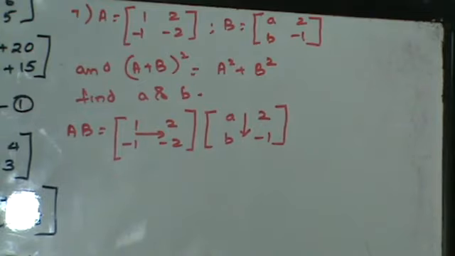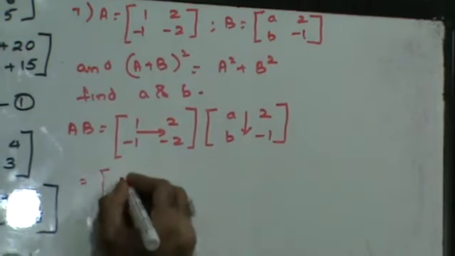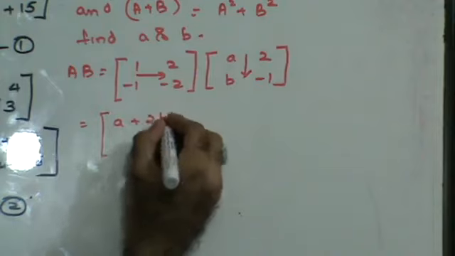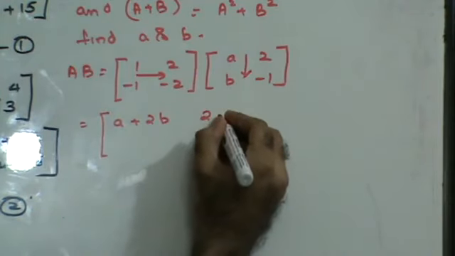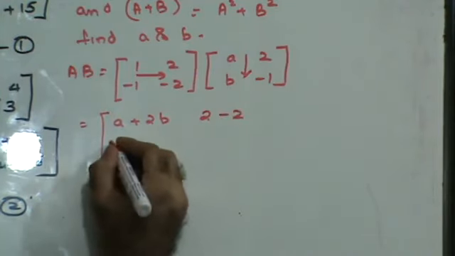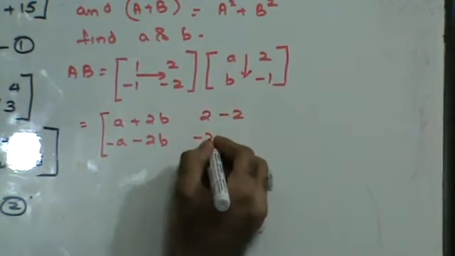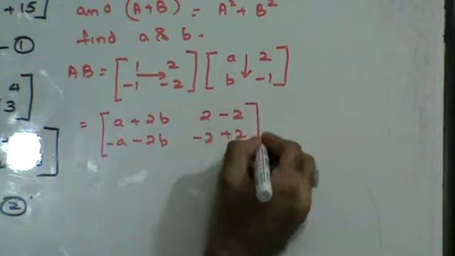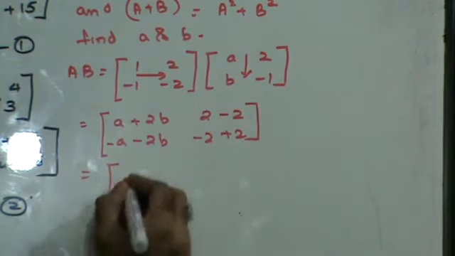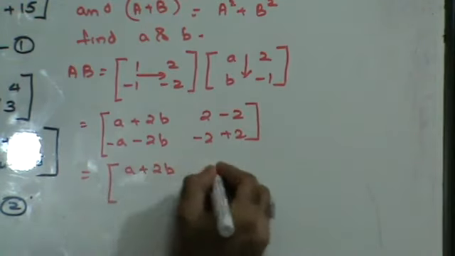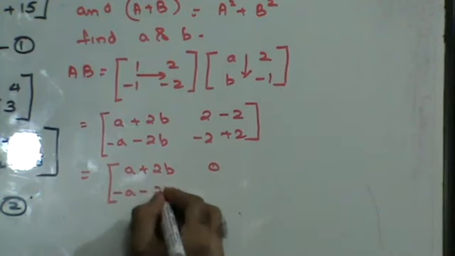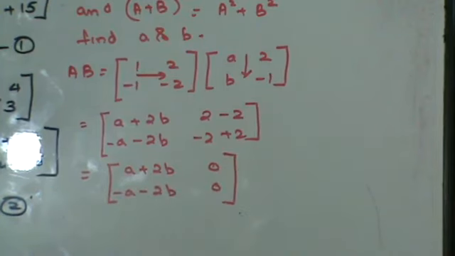So this is going to be nothing but a plus 2b, 2 minus 2, minus a minus 2b, minus 2 plus 2. So you will get this as a plus 2b, 0, minus a minus 2b, 0. I got AB.